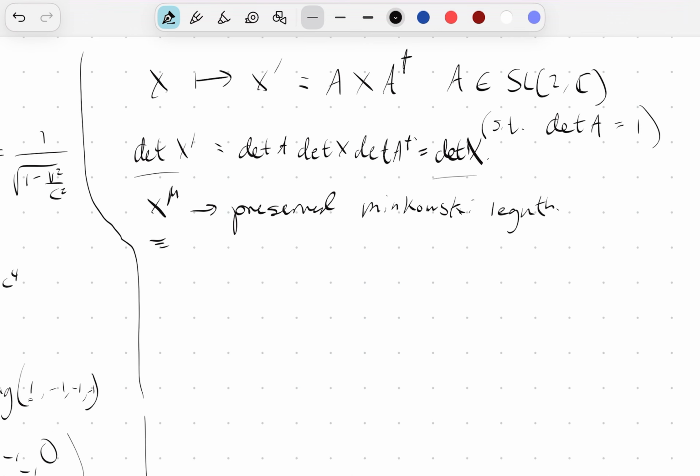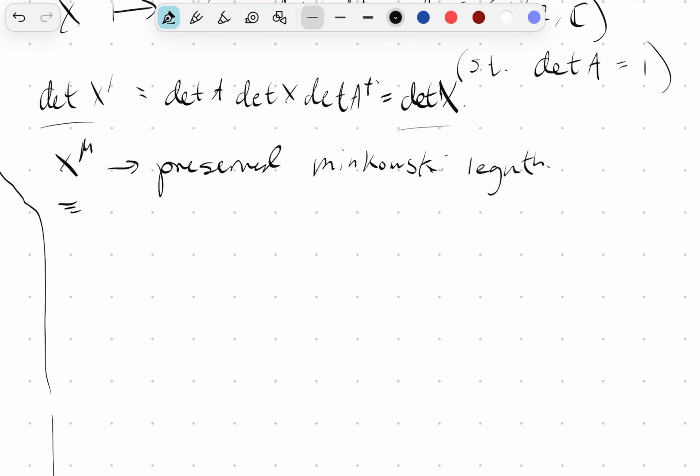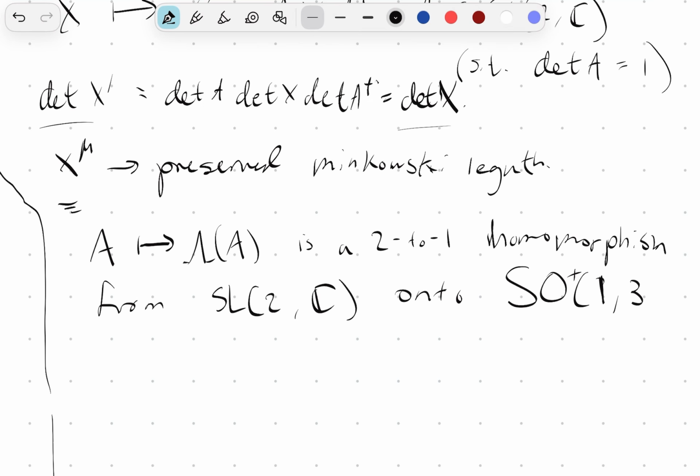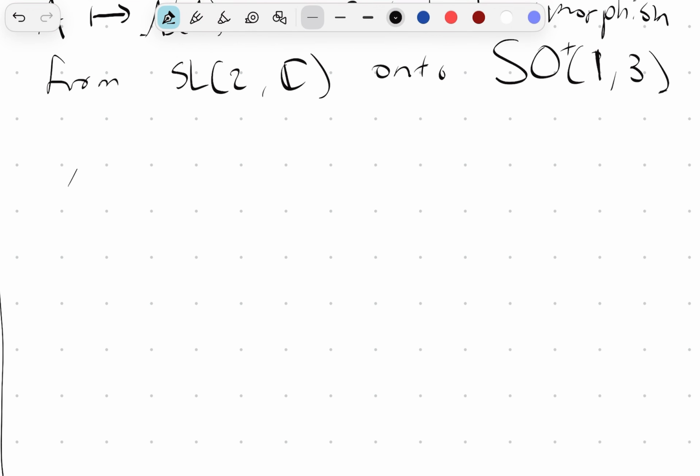So what we've shown here mathematically, and what makes a lot more sense to think about, is that the proper orthochronous Lorentz transformation can be represented this way, and the map from A to some lambda representation of A is a 2 to 1 homomorphism from SL(2, C) onto SO(1,3).